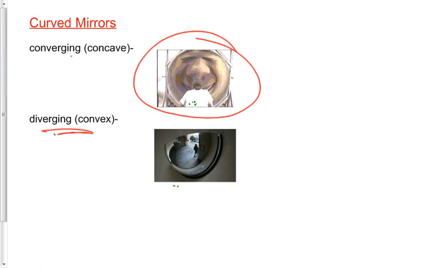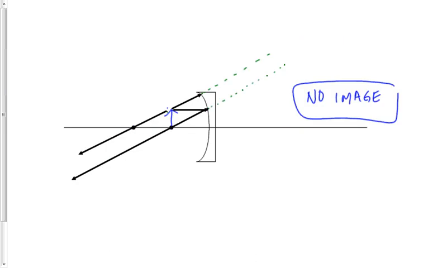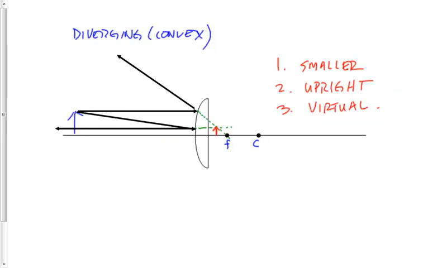Now, the nice thing about these diverging mirrors is that although if you stand in a different place, if the object is somewhere different, the image will be in a different spot and it'll be a different size, but the characteristics will still be the same. You're going to find when you draw the next 4 ray diagrams, and you're going to do that yourselves at your desk right now, that the characteristics are the same.